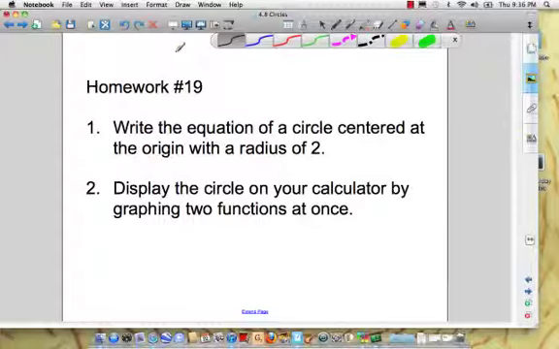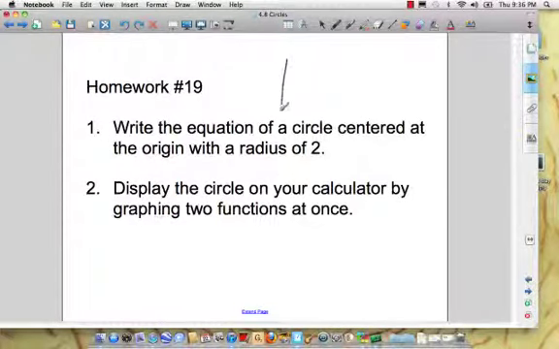So think about how I got the equation for the unit circle, the one with radius of 1. I looked at the graph. This time the radius is 2. So here's a rough sketch of what that circle looks like. It goes around the origin.